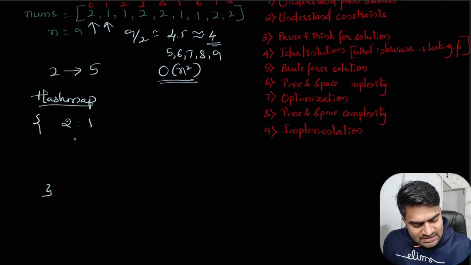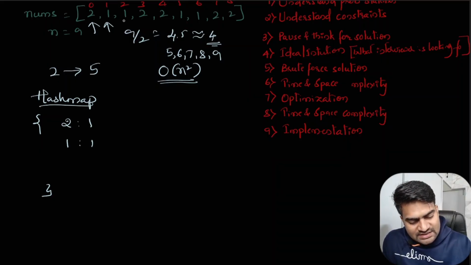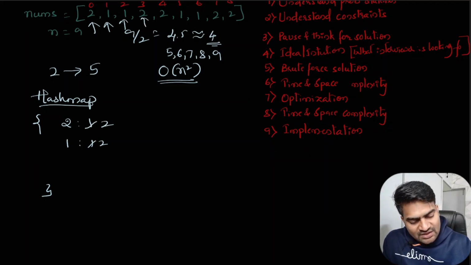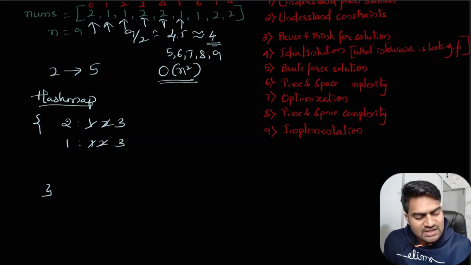Next number is 1, so its count is 1. Next number is again 1, so its count becomes 2. Next is 2, its count becomes 2. Next number is again 2, its count becomes 3. Next number is 1, its count becomes 3. Next number is again 1, so its count becomes 4.